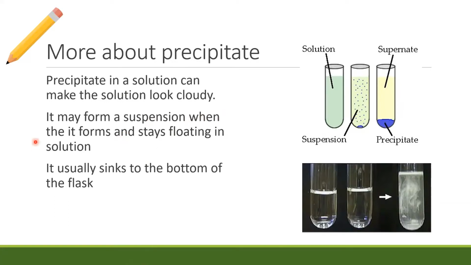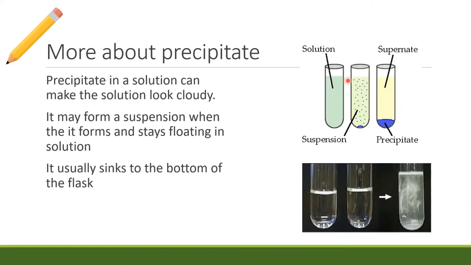A suspension is when the solid forms and stays floating in the solution. I've completely stuffed up this sentence here, sorry about that. The idea is that in a suspension, the solid particles stay floating in there, a little bit more like milk.